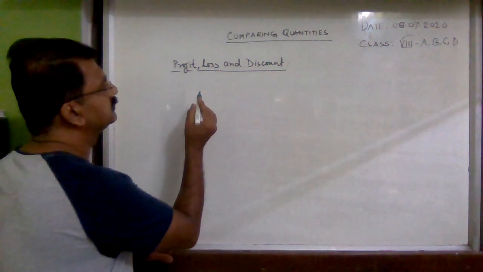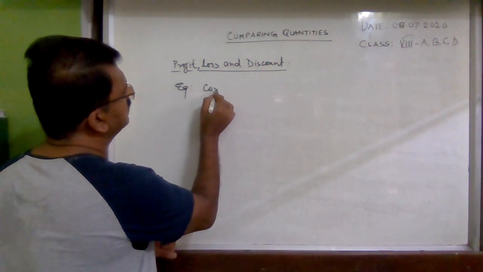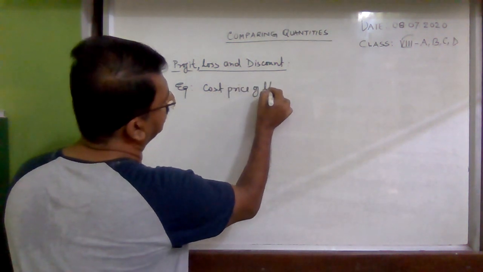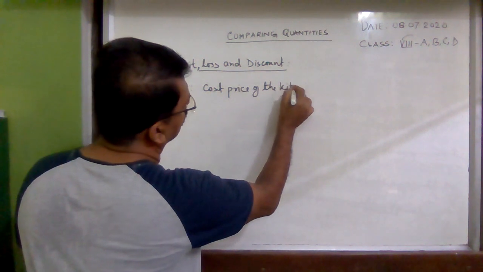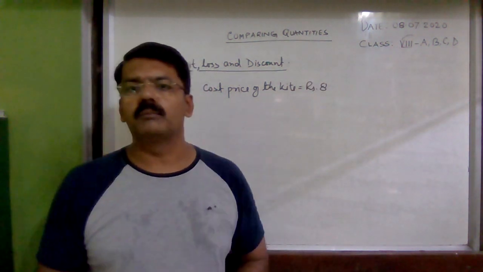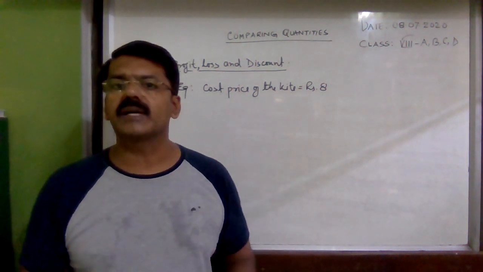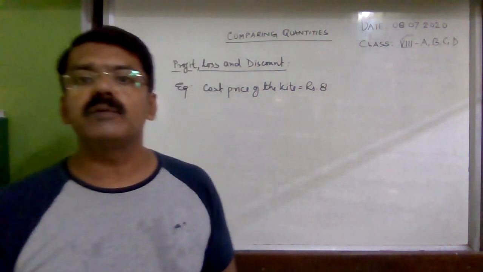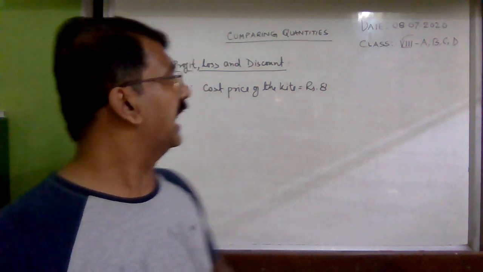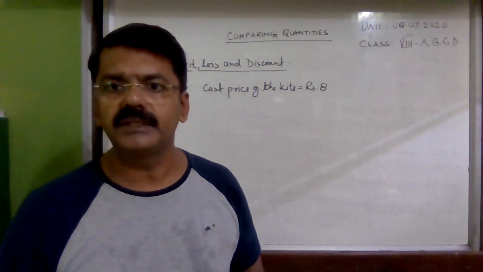Okay. So cost price of the kite is equal to rupees 8, because you bought the kite at rupees 8, so that will be the cost price of the kite for you. Now obviously when you sell the kite in your area, definitely you will sell it at a higher price for some profit.